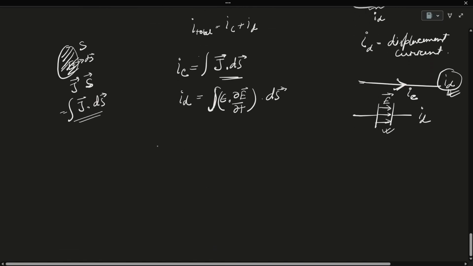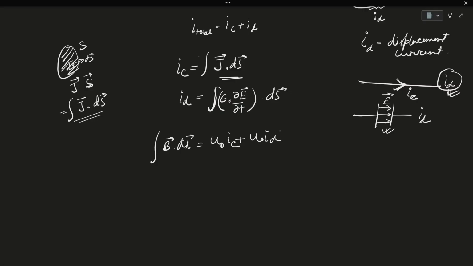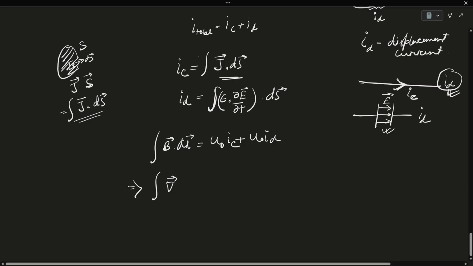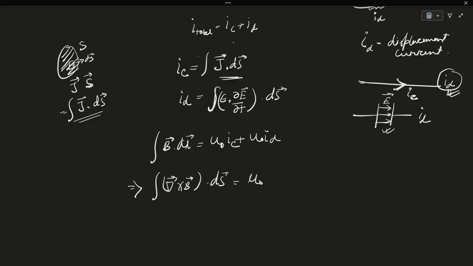Now from Ampere's circuital law, we are getting mu naught I_C plus, let me write it separately: mu naught I, this is conduction current, and this is mu naught I_D. Using Stokes' law again, del cross B dot ds will be equal to mu naught, just replace it here.